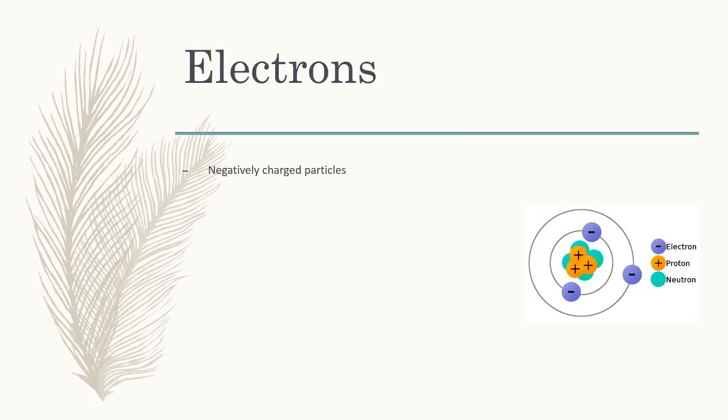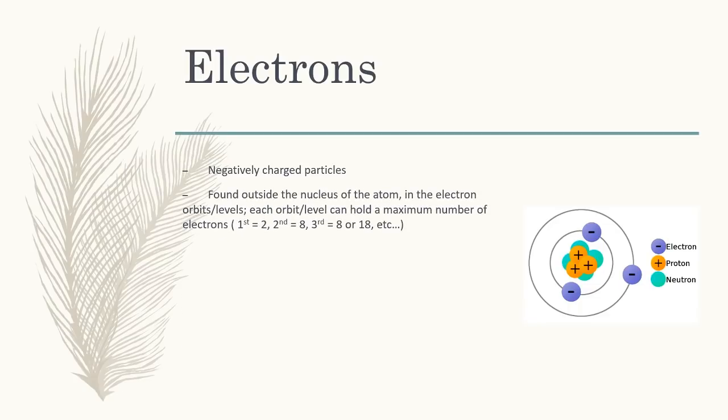Electrons, on the other hand, don't live in the nucleus. They're these negatively charged particles that are around the outside of the nucleus. And we use a lot of terms to describe this. I'm trying to stick to orbits and levels, energy levels, this time around.